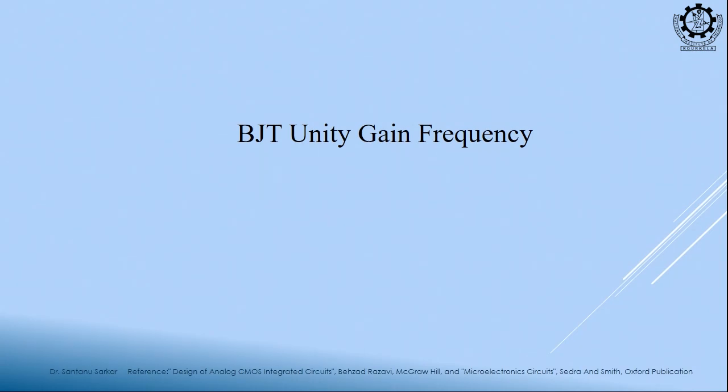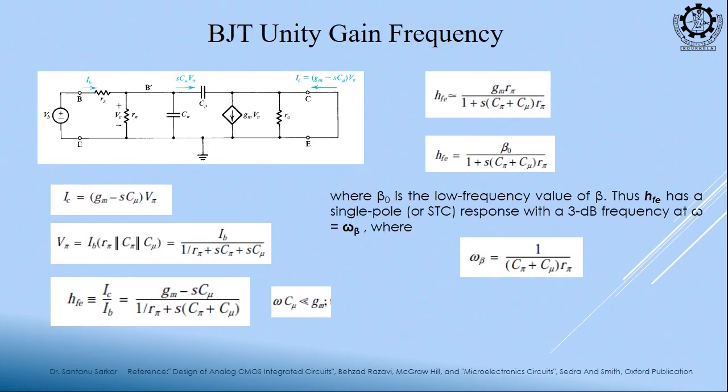Now, again we will try to find out a frequency where my current gain is unity. Just like the MOSFET we did, we will do the same thing. We will short the output and find the ratio of output current by input current. In hybrid parameters, its terminology is HFE, the forward current gain.